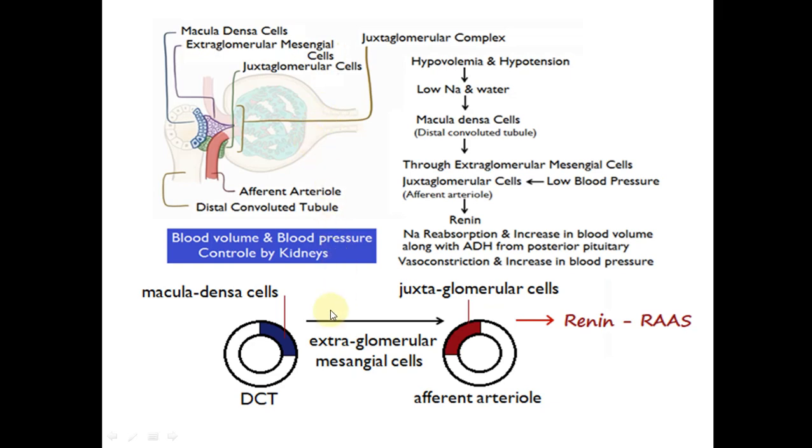So, whenever there is low sodium concentration and low blood flow in the afferent arteriole, which may be caused by low sodium and water, it will stimulate the macula densa cells.